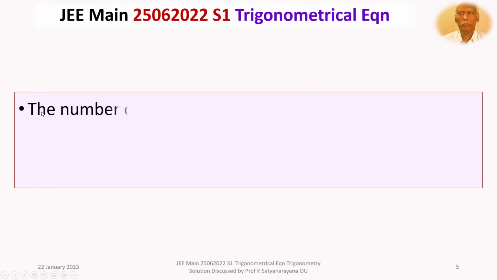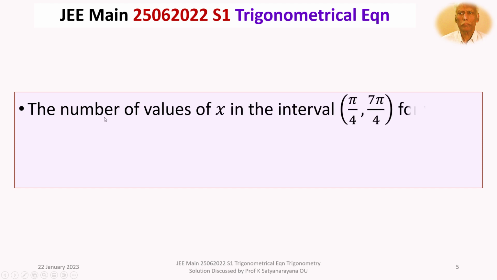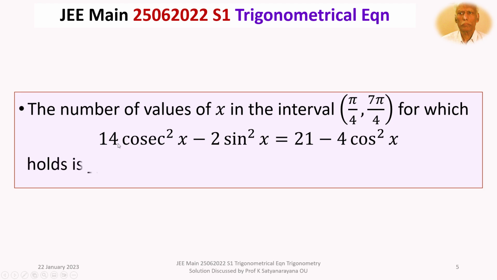The given question is: the number of values of x in the open interval pi by 4, 7 pi by 4, for which the equation 14 cosecant square x minus 2 sin square x is equal to 21 minus 4 cos square x holds.